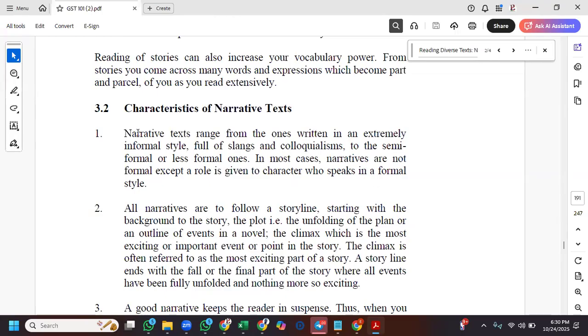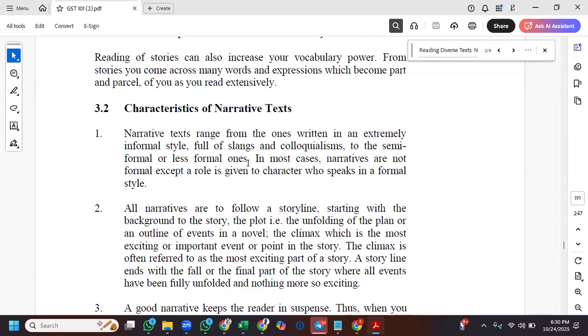What they are trying to tell you is that a narrative text is an informal one. A story can contain so many things like slang, like coded language that some set of people are using, because you are narrating what happened.